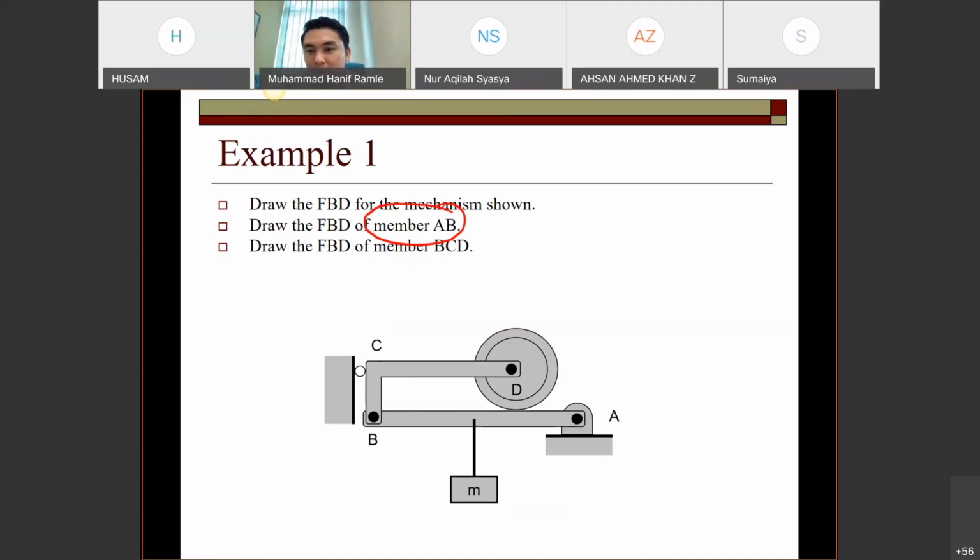Alia, what is the first step that we should do, Alia? Are you with me, Alia?